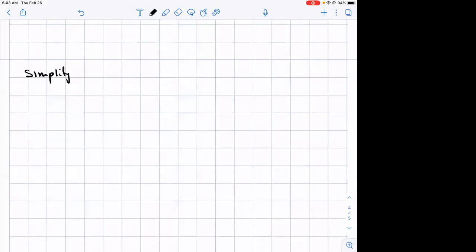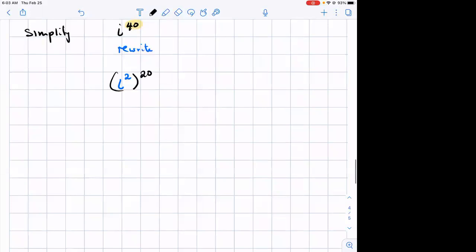How about if I have i to the 40? Well, observe, this is even. So I can jump straight ahead and rewrite this as i squared raised to some power. So we rewrite it as i squared raised to the 20th power, because 2 times 20 is 40. i squared we know is negative 1.